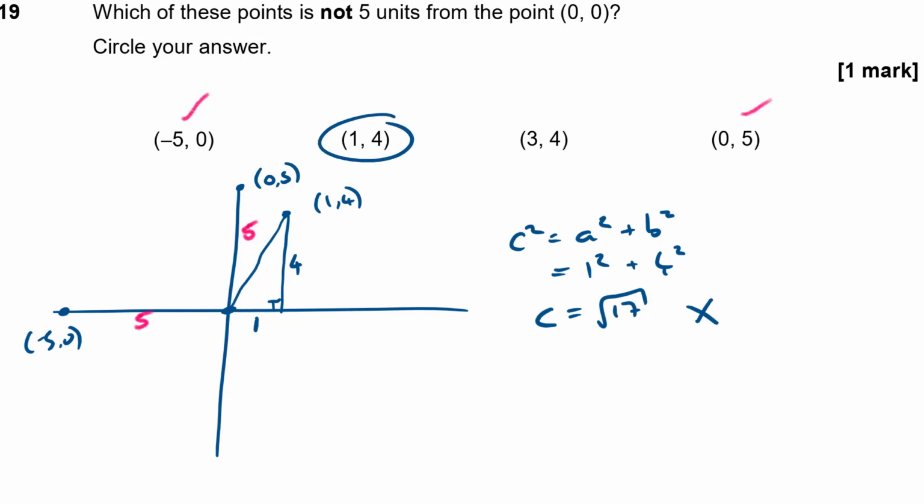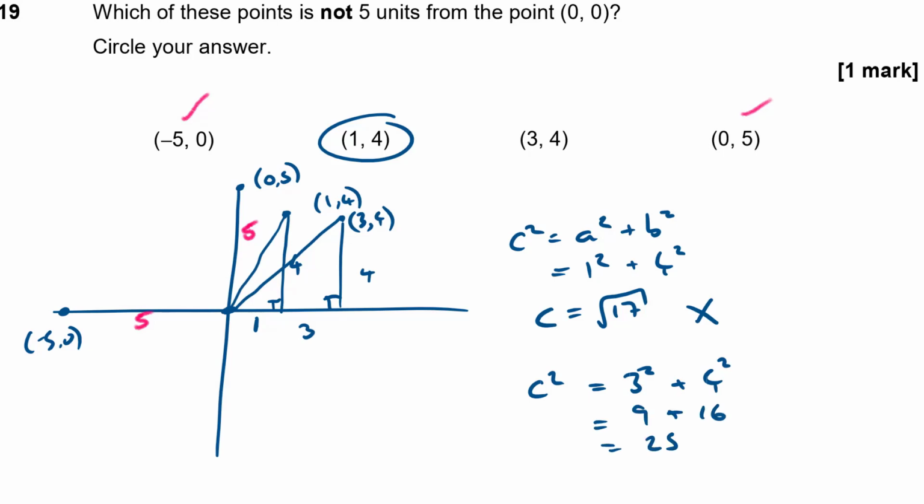Let's just double check the other one, 3, 4. The point 3, 4 is going to be a bit further along. If I draw that point on and triangulate it, that's going to have a triangle which is 3 squared plus 4 squared. If you know your Pythagorean triples, you'll already know what c is here, but let's go through the motions in case you don't. 9 plus 16 is 25, so c is the square root of 25, which is 5.